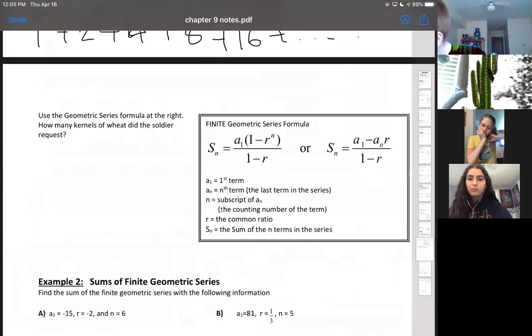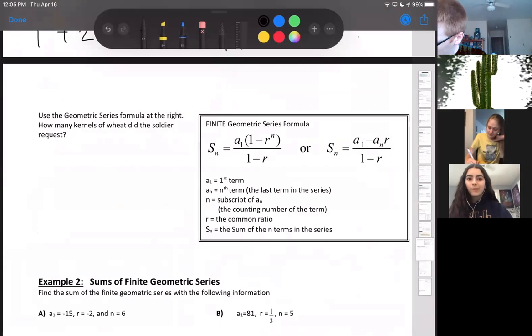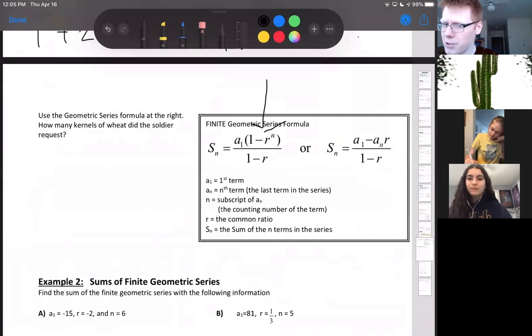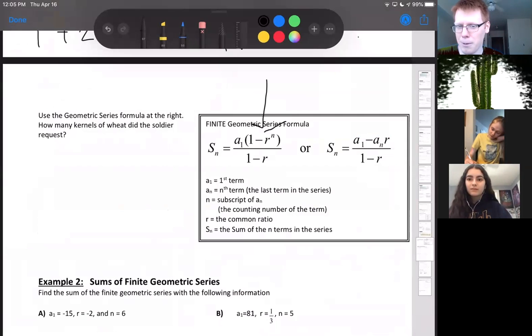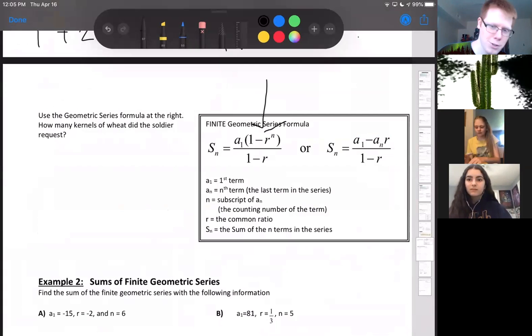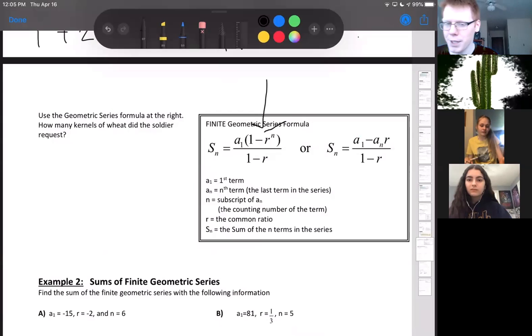One note I want to make before we actually calculate: there are 2 formulas to find a geometric series. The reason there are 2 formulas is because sometimes you'll have different pieces of information. Sometimes you might know the number of terms, sometimes you might not. Sometimes you might not know the last term in a series, like how big it will get. Like in this case, we don't know that yet.